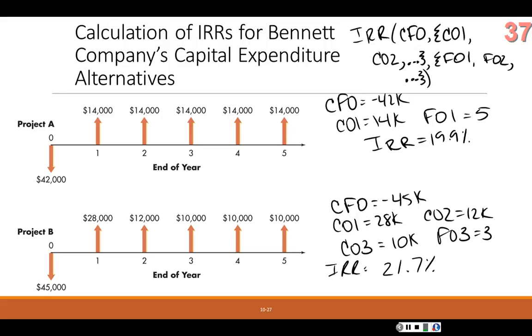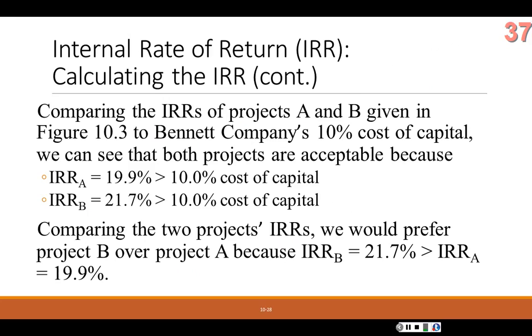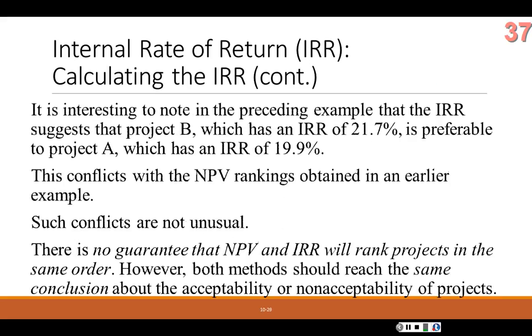So one thing to note here is that using the internal rate of return methodology, you get a different result. Internal rate of return says that you should choose Project B. Net present value said choose Project A. So these conflicting rankings are not unusual.